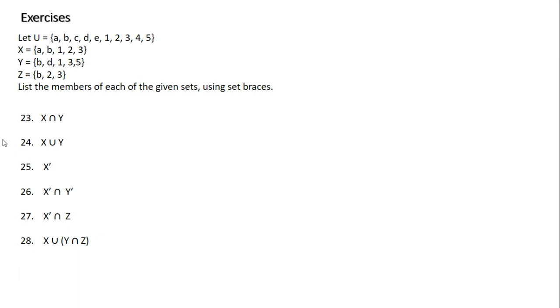Okay, so the first one, 23, that's set X intersection Y, right? So we are only looking at the values that they share. He has a little help before we do that.